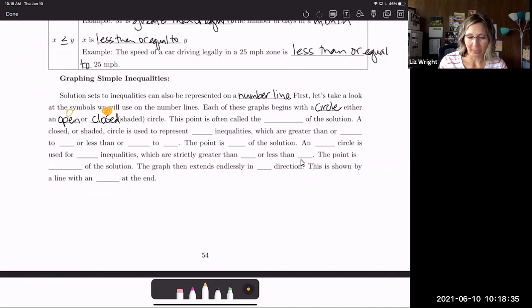Well, how do we know where to put it? Well, it's our end point, or it's what's called our critical value of our solution. And so that's what we're going to fill in next. This point is often called the end point of the solution. And I want you guys writing this in too, because this is what I tend to refer to it as. The endpoint, we call it the critical value.